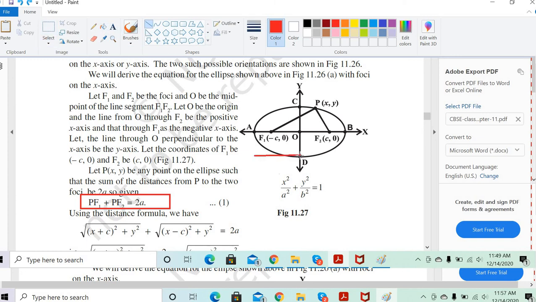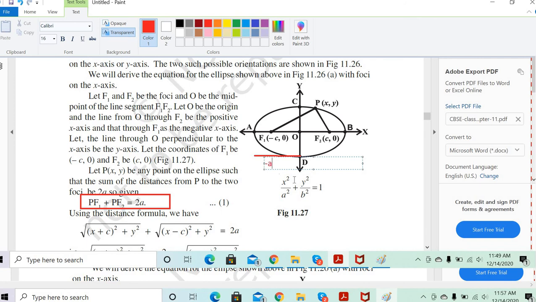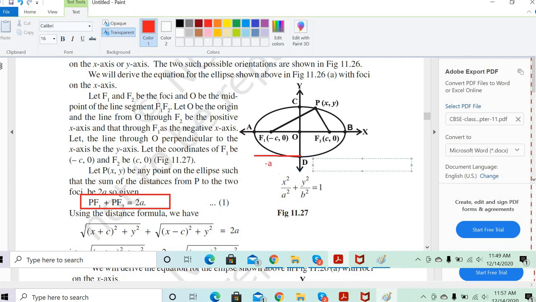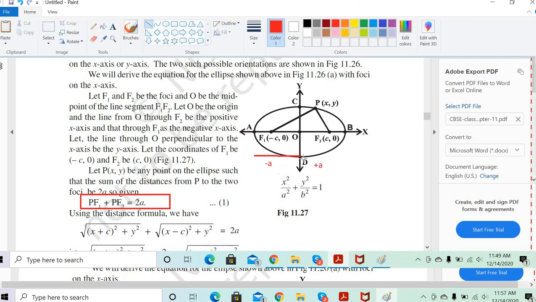This distance is minus a, and this distance is plus a. Minus a and plus a. Okay, so this part, let's try to see.